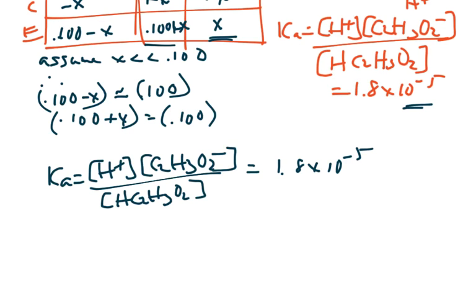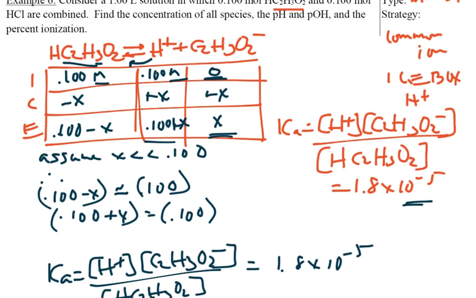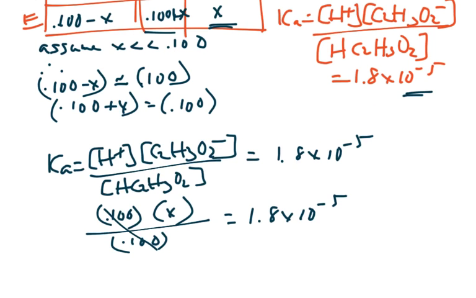Substituting our values in, this H plus is 0.100, and this is X, all over 0.100. Those two are going to cancel out, so X is equal to 1.8 times 10 to the negative 5. So what is X in this case? X is our acetate ion concentration.